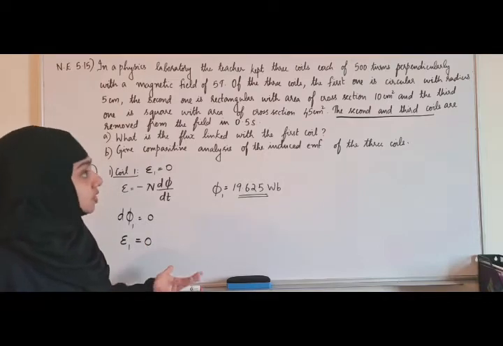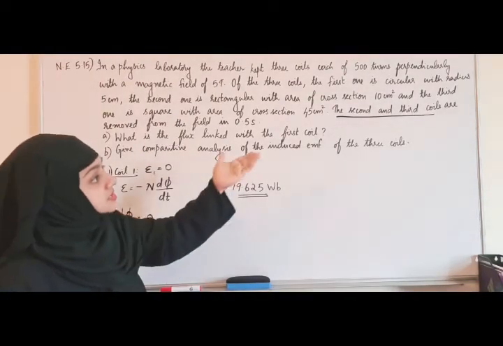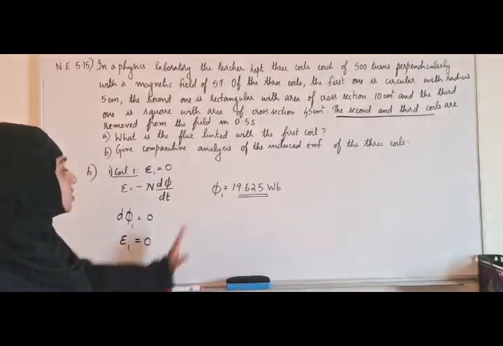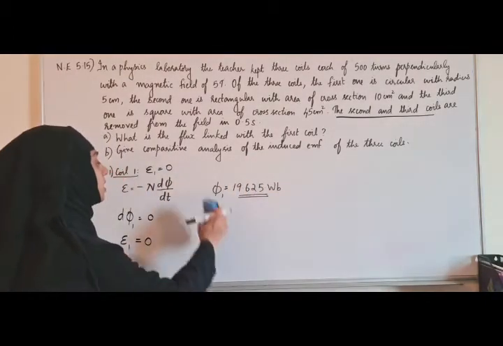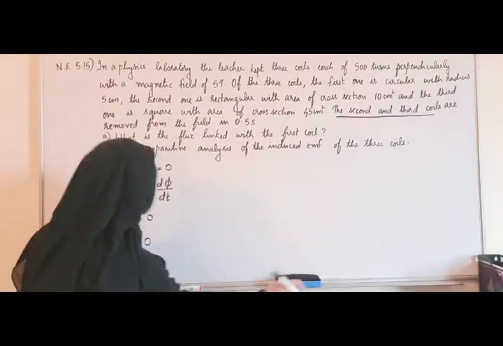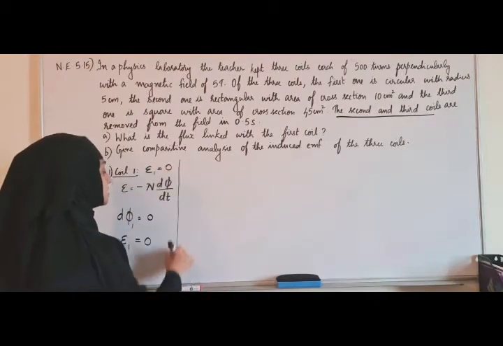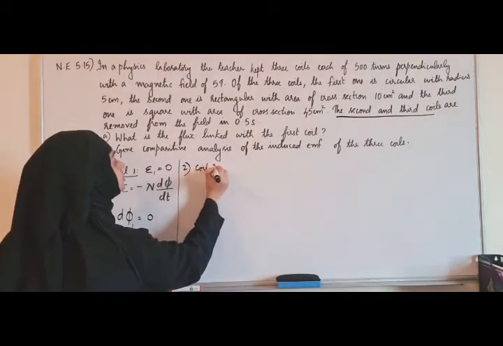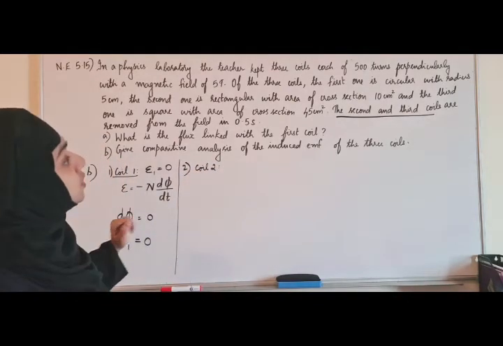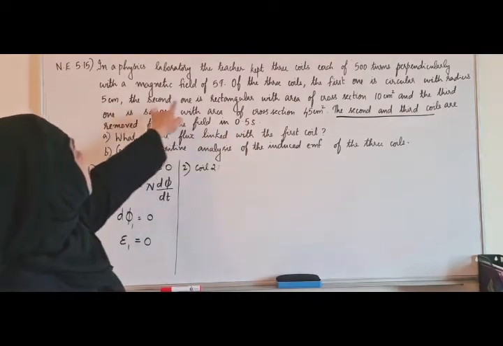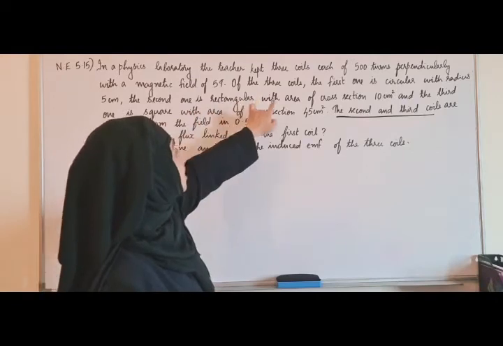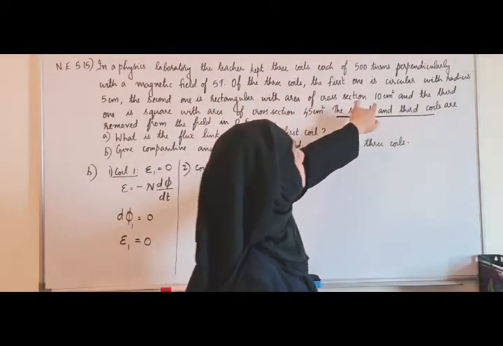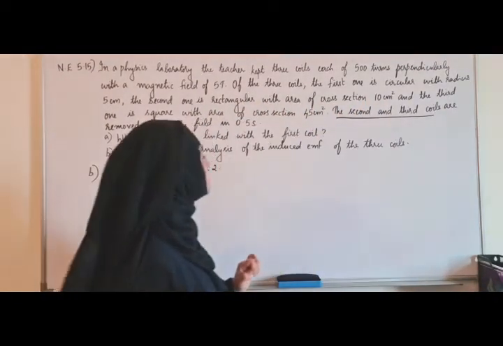Now, let us see what are the induced EMFs in the second and third coils. So, we don't need this value. I am going to rub them. Okay. Now, let us consider coil 2. The second one is rectangular with area of cross section 10 cm square.